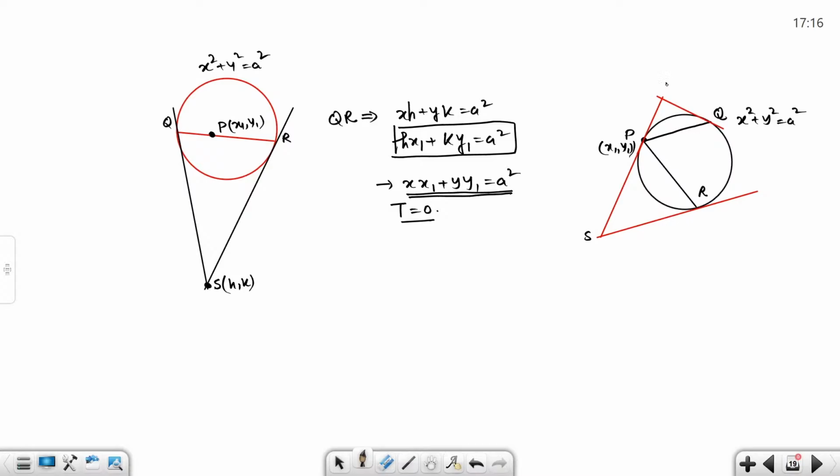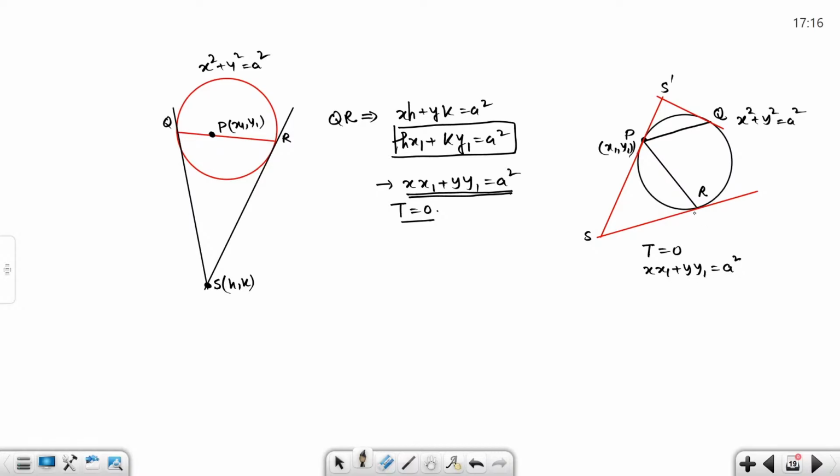Now we can easily see that in this case also the equation of the polar will be T equals to 0. Yes or no? That is xx1 plus yy1 equals to S square.